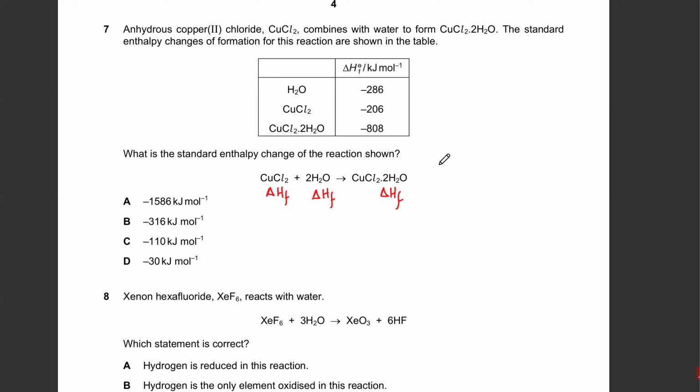So find this out. What's the enthalpy of this reaction? The product is minus 808, minus the reactant, which is minus 206, minus the other reactant, which is minus 2 times 286.